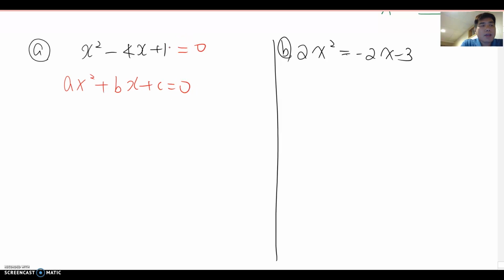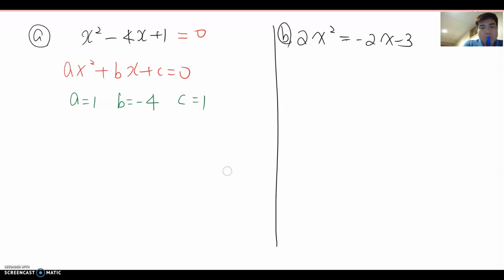And then analyze the a, b, and c values. As you see from here, a equal to 1, b equal to negative 4, and c equal to 1, right? Therefore, now we just plug these values into the quadratic formula. Okay, so let me write down what the quadratic formula was.